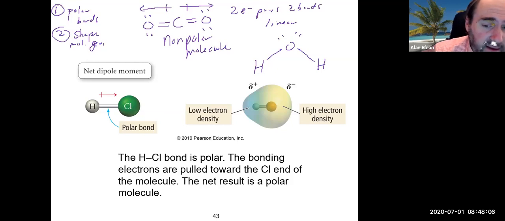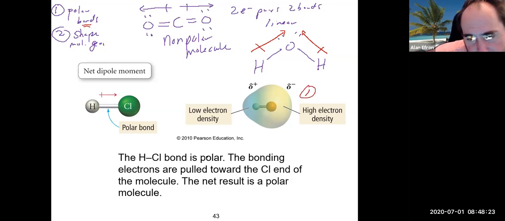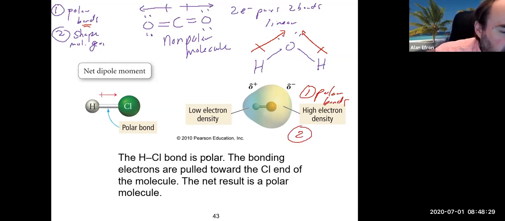Oxygen is going to be more electronegative, which means if we were drawing those dipole arrows, they would head towards the oxygen in each case. Now, just like over here, this does have polar bonds, so we want to look at the molecular geometry here to see whether or not this is going to be a polar molecule.